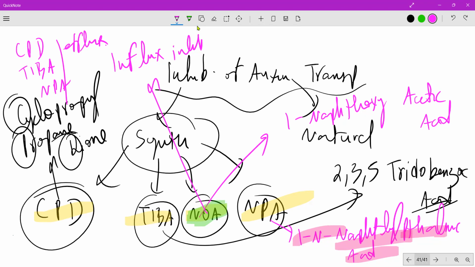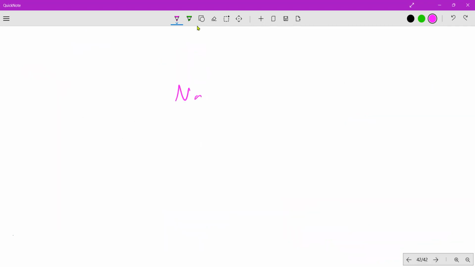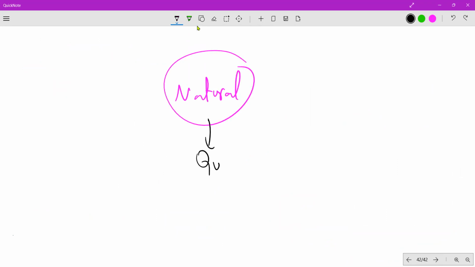Now let us see the natural compounds. We saw synthetic ones, now natural. Among natural compounds, we have a compound called quercetin, which is in fact a flavonoid.